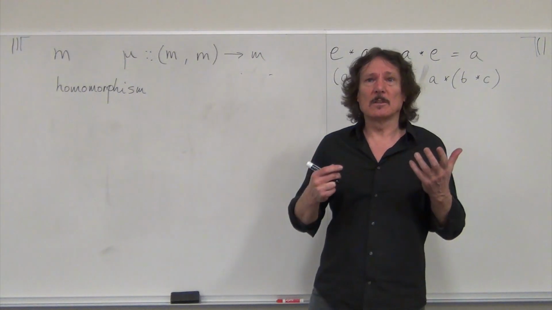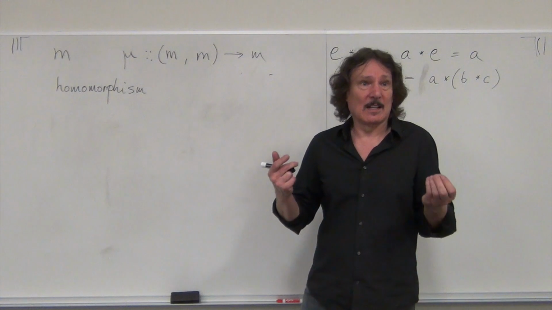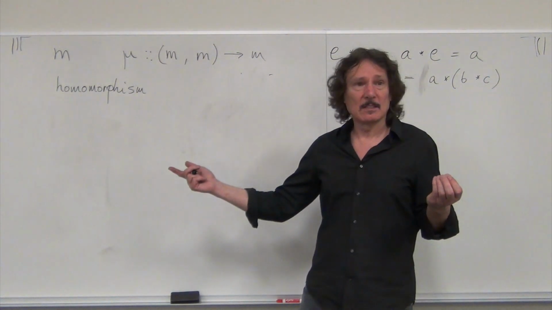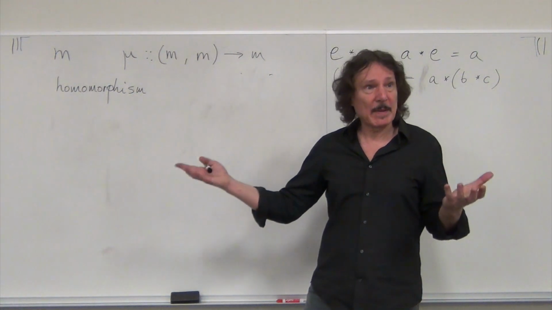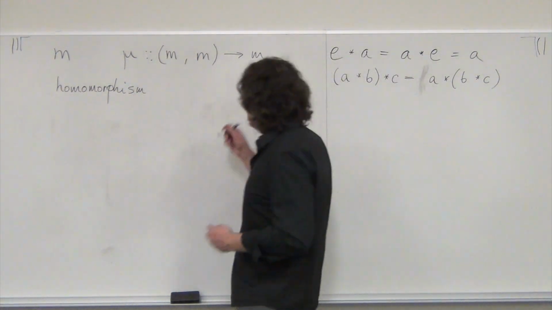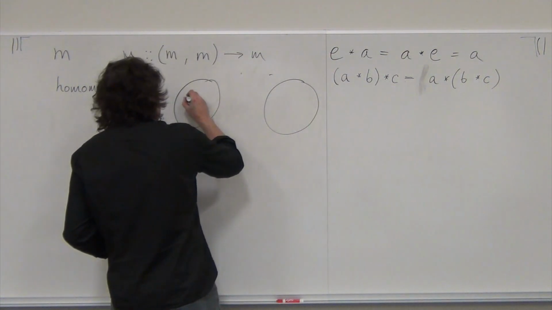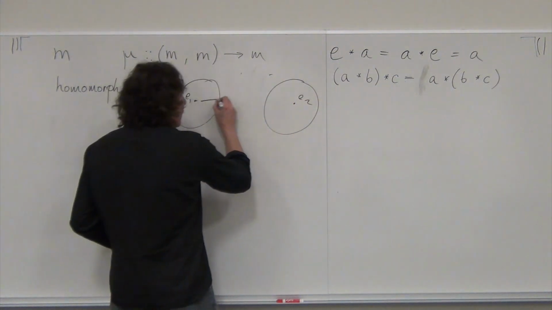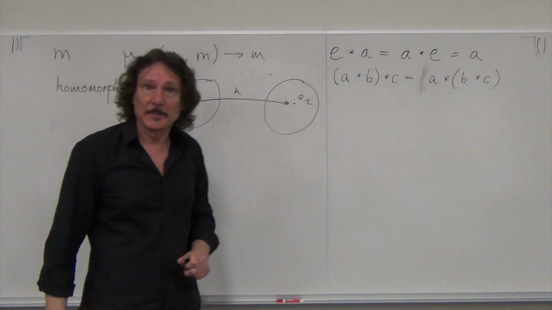Well, it should, for instance, take the unit element in one monoid to the unit element in the other monoid, because the unit element is special. So if we have two monoids, this is E1 and this is E2, then a homomorphism H should take E1 to E2.